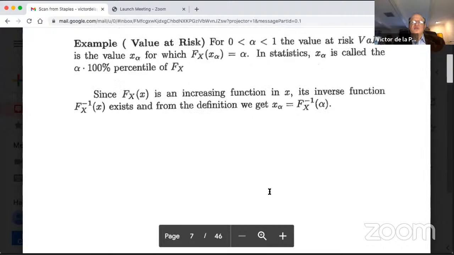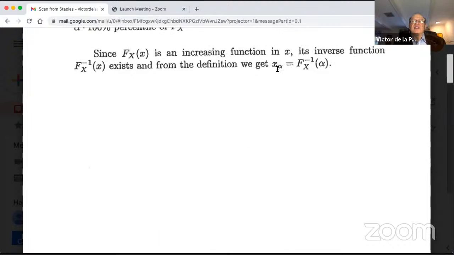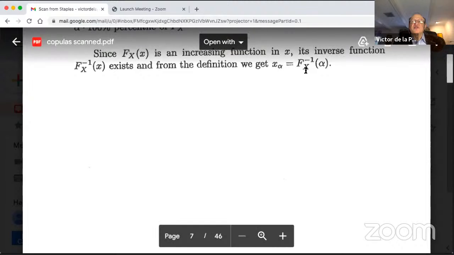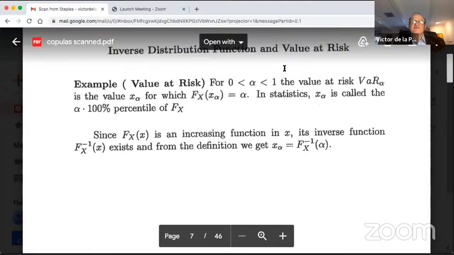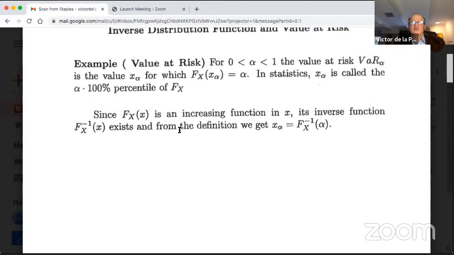Okay, so the value at risk is the inverse function of x at alpha. So it's just to say that you can always invert a distribution function. In this talk, we will assume that all distribution functions are continuous, okay, bivariate continuous.